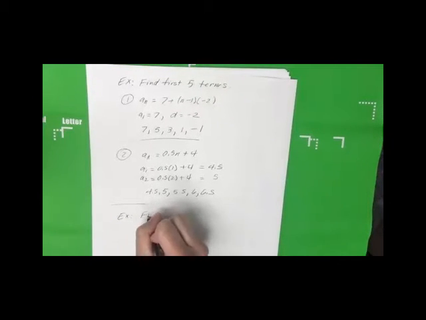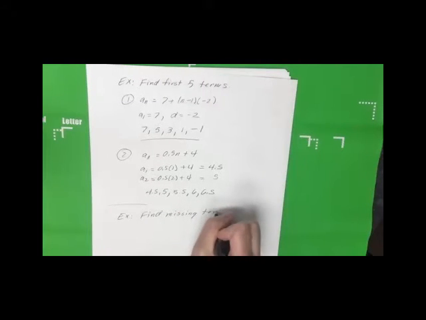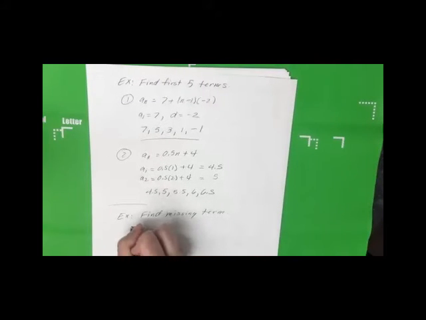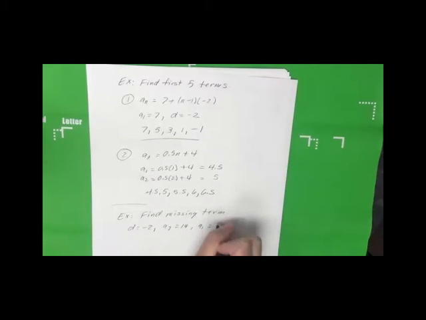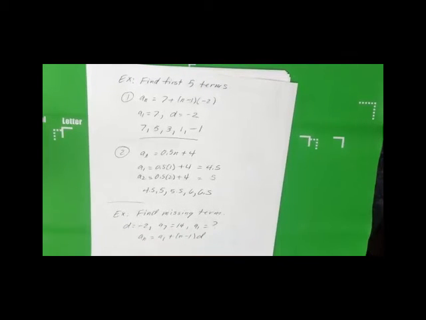Let's find the missing term. So we have that d is negative 2, a sub 7 is 14, a sub 1 is what? So it's basically plugging in the formula and solving for the unknown. This is the basic format, a sub n equals a sub 1 plus n minus 1 times d.